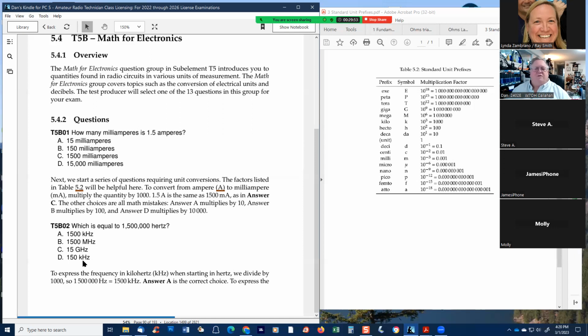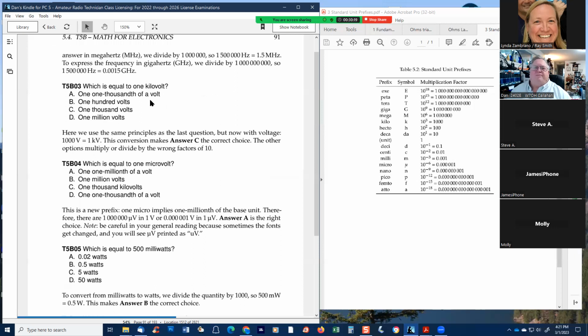Kilohertz, it's not enough. But 1,500 kilohertz is lopping off the last three zeros. They're your kilohertz. And we do a lot in megahertz and kilohertz both. So make sure you understand the difference. Megahertz and kilohertz, they're 1,000 apart using the table over here.